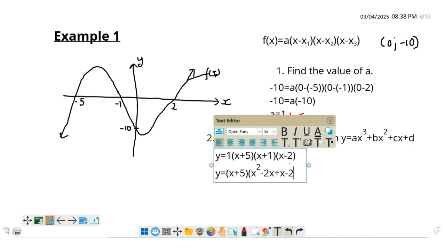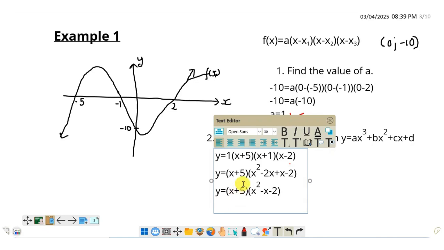Then I deal with the remaining terms, keeping the subtraction, so I remain with the minus 2 and write y equals again.